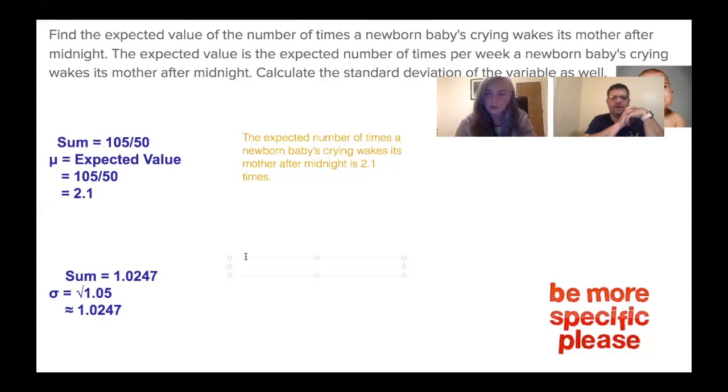So we would say, what did you just tell me to type? I'm sorry. The standard deviation for the number of times the baby would wake the mother is 1.0247.